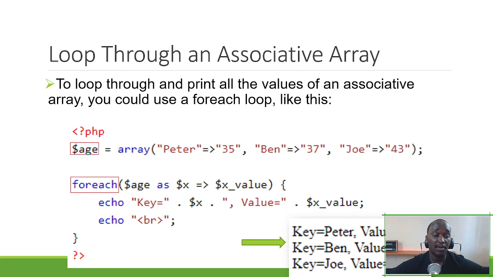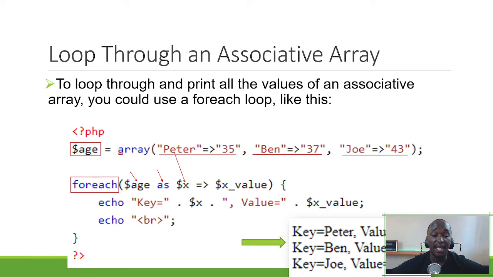So we have an array called age. It's an associative array, as you can see, because we are giving the name of the index and the value. So here we want to say the array age, and we want to save the key.